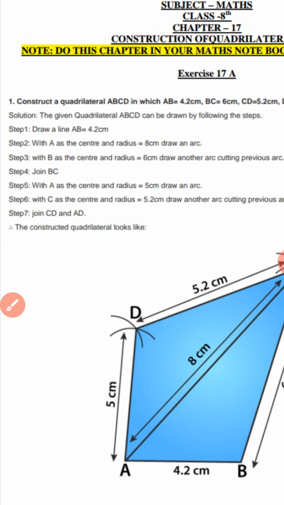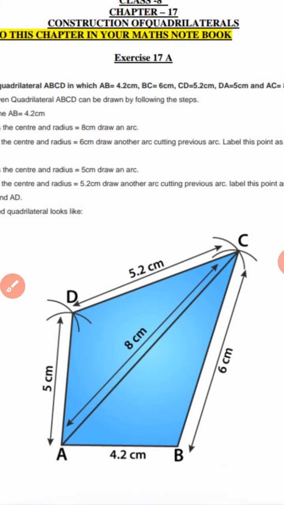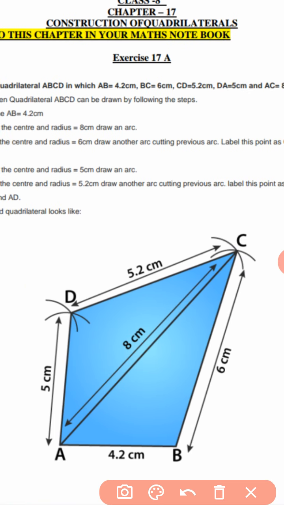Then step number 2, with A as center and radius 8 centimeter, draw an arc. So by taking A as center, with the help of compass, we have to cut an arc here of radius 8 centimeter.